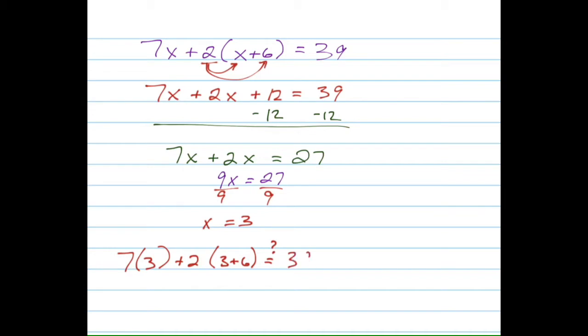Now in this case, you can do what's in the parentheses first because you can actually add 3 and 6. So does 7 times 3 plus 2 times 9 equal 39? What's 7 times 3? What's 2 times 9? Does that equal 39? Yes. So x equals 3 is the correct answer.